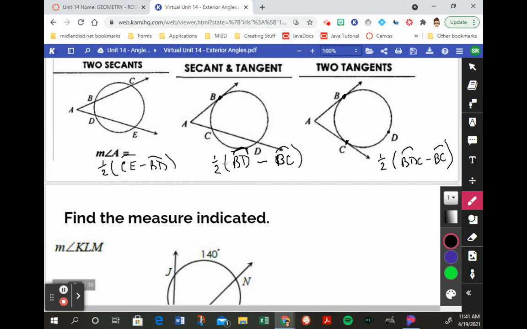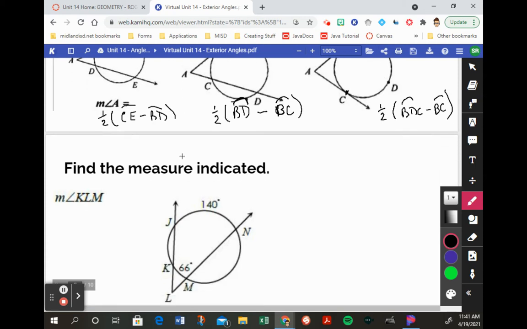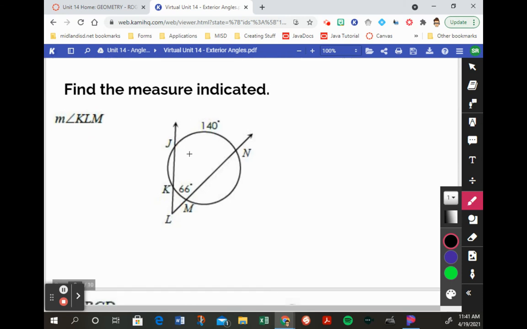All right. So let's look at this one. This looks like our first picture. So you have 2 secants, and we want to find the measure of angle KLM, this angle right here. So I like to write it as a fraction, something over 2. So I want to take the measure of JN minus KM. That's an arc.